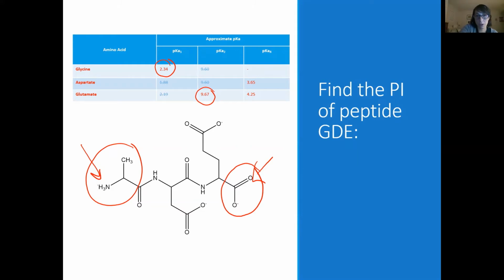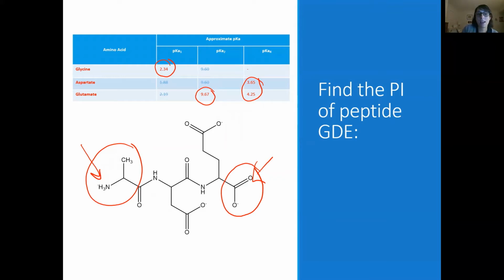Within this structure, there are also two amino acids that have R groups. And so those two R groups are also important. So again, you want to find the amino acid that has the amino end. So the pKa of the amino acid with the amino end should be highlighted.